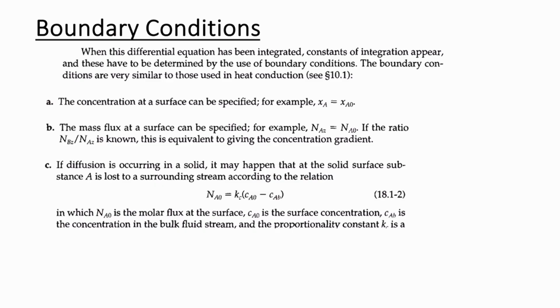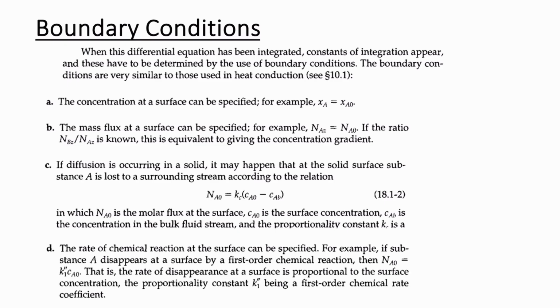If the diffusion is occurring in a solid, it may happen that at the solid surface, substance A is lost to a surrounding stream according to the relation NA0 is equal to kc into (CA0 minus CAb), in which NA0 is the molar flux at the surface, CA0 is the surface concentration, CAb is the concentration in the bulk fluid stream, and kc is the proportionality constant.